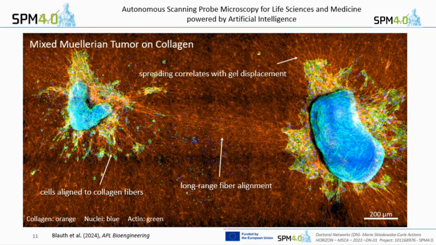The cells also spread out here. You can also see this strange grid pattern here. This is basically a stitched image consisting of many small images, so as not to lose any resolution. But it's all on fixated tissue.